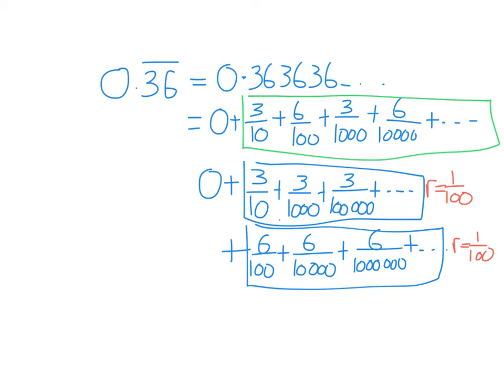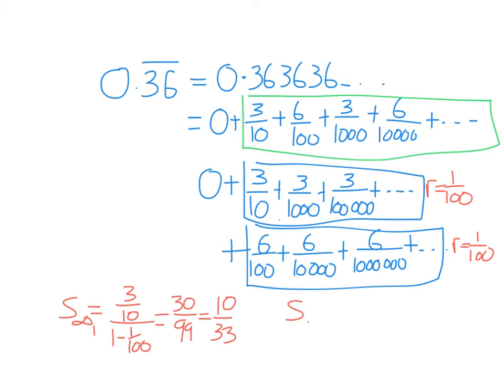So for this first one here, if I want to calculate S infinity, I'll just call it S infinity 1. That's the ones with the 3's in it. So I just write a over 1 minus r. So I actually get for this 30 over 99, or 10 over 33.